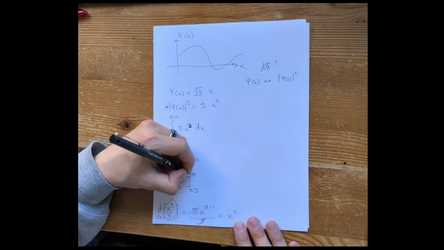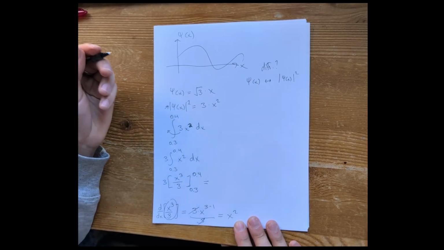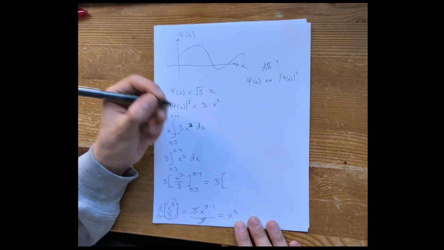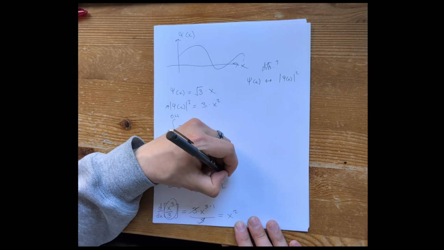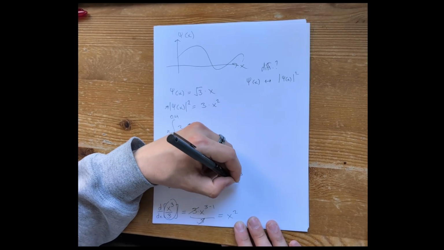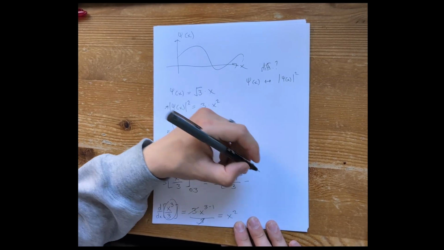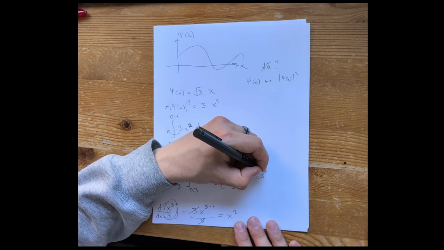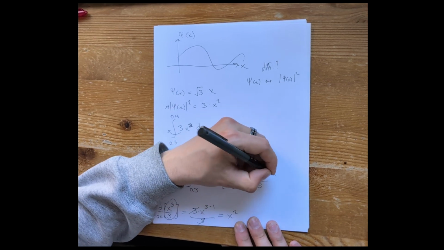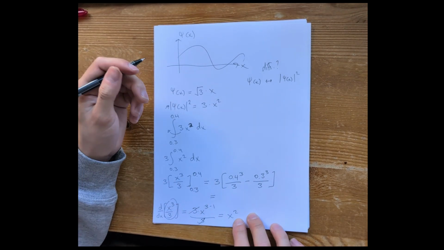So we have a 3 here, 0.3, 0.4. Same kind of process as before. The 3 stays on the outside. What we have on the inside is 0.4 cubed over 3 minus 0.3 cubed over 3. This should give us the right answer.